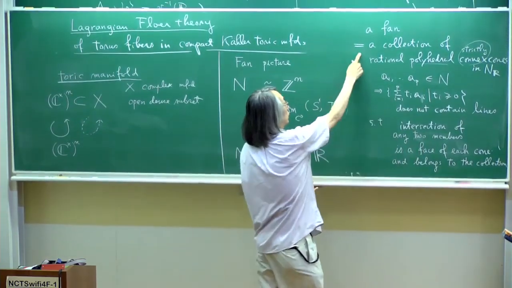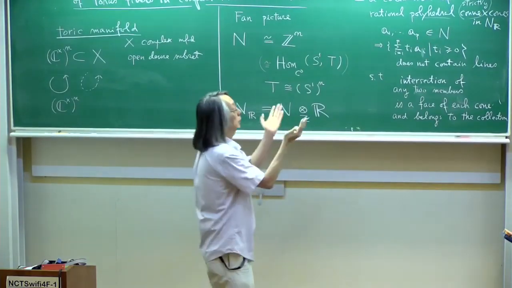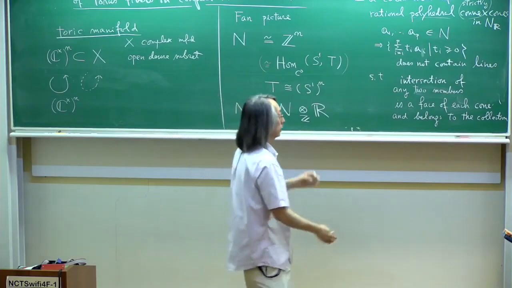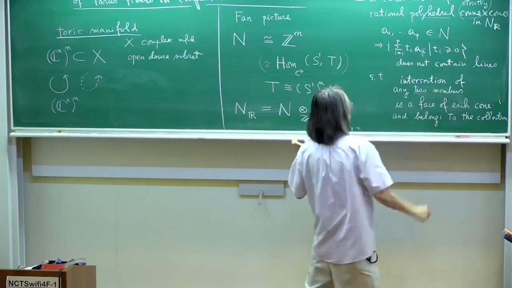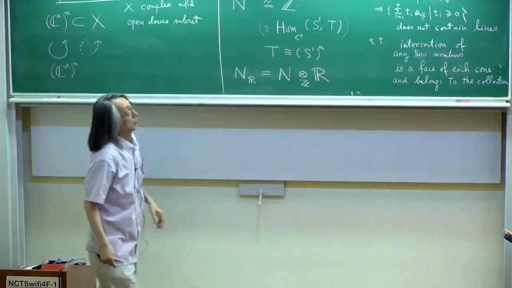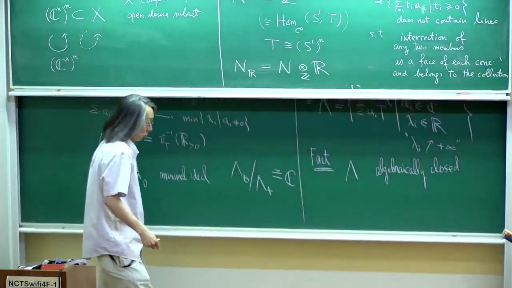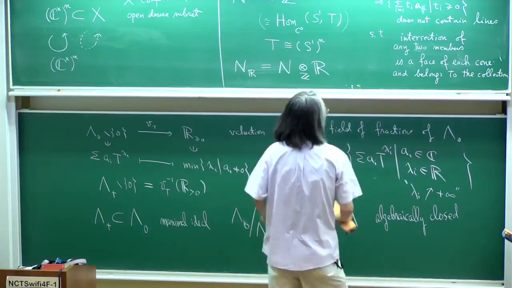So this is a collection of such convex cones, and you take an intersection, and the intersection is also a member over here, and also the intersection is a face of each member.